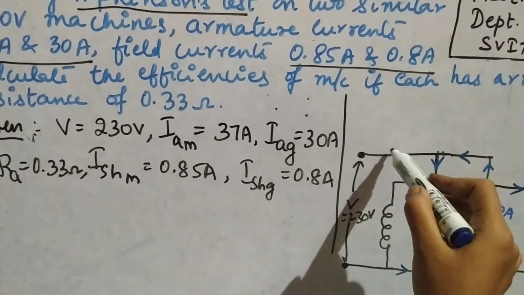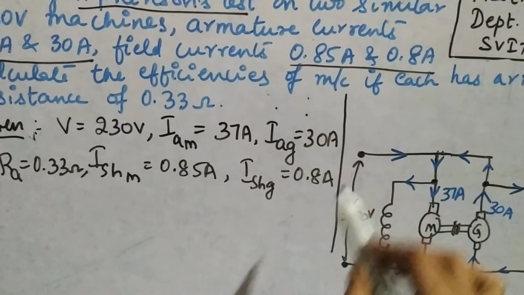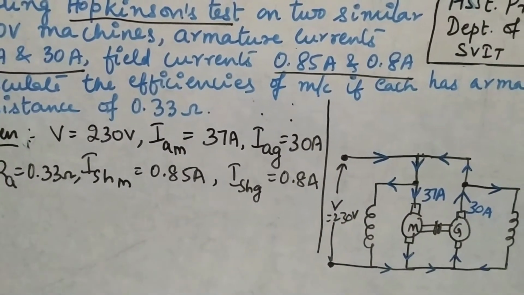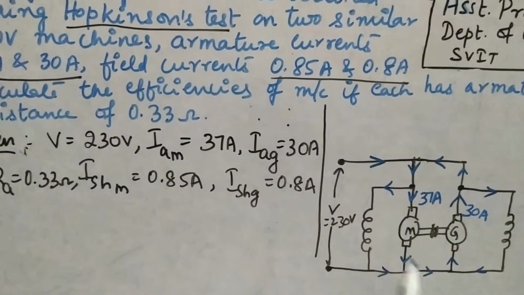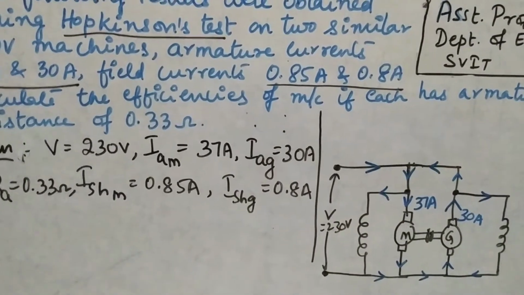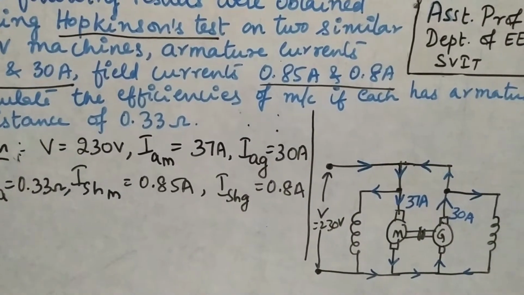This current entering here is the line current, the main current. This is how you can mark the complete direction of the currents.